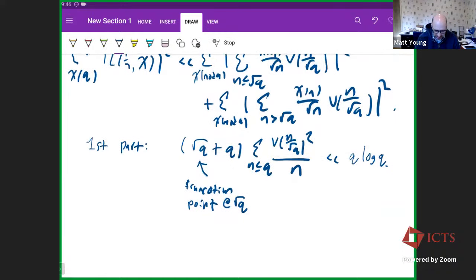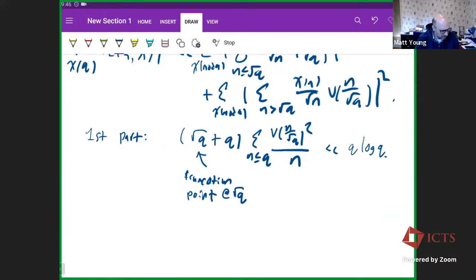So the tail, we can do this in different ways, but maybe the most natural thing is summation by parts. So let's let w of n be this v of n over square root of q.